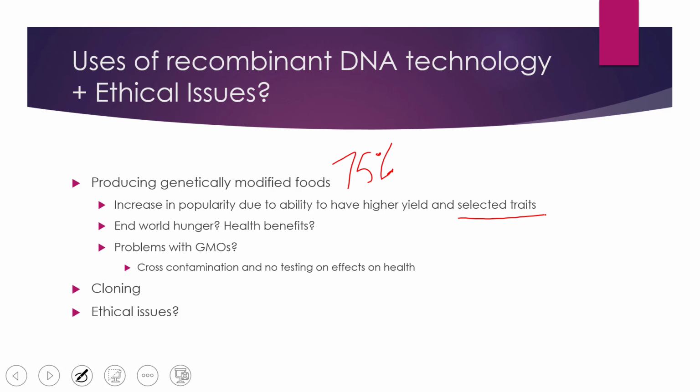In one case, there's a gene in a mango tree that is taken and placed in tobacco to fight off the negative effects of increased salt levels in soil, because mangroves are a coastal plant, so they have to handle an increase of salt because they're so close to the ocean and saltwater.